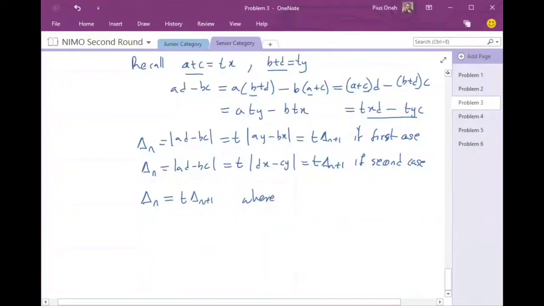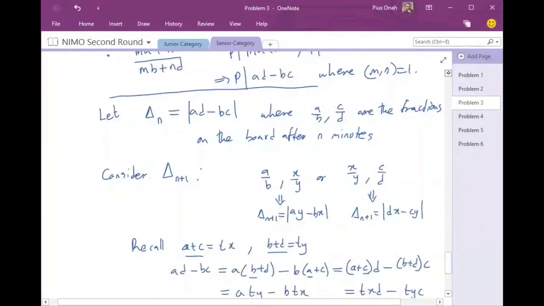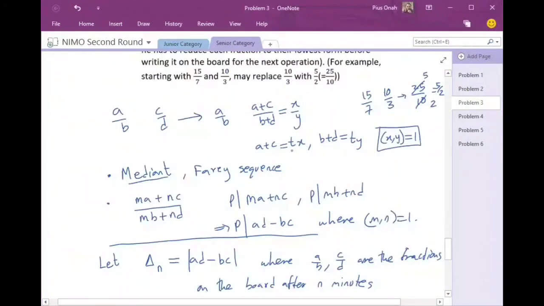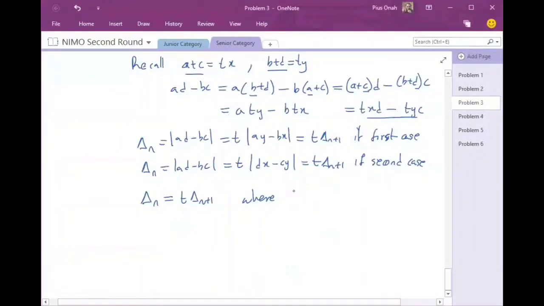So what's t now? That means t is quite important, so let's backtrack a bit. Here t is what we must have cancelled out, right? So t is the cancellation. This means that we could keep track of what we cancel out.